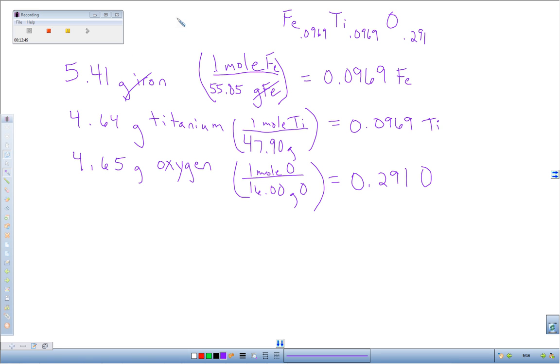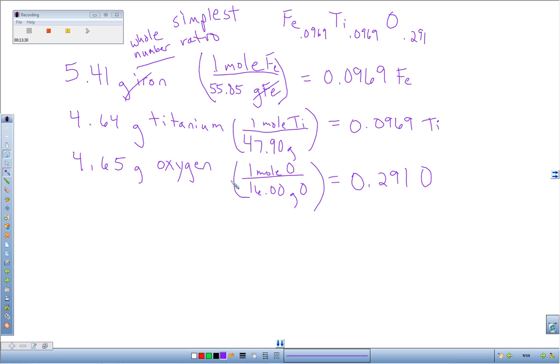We need to put this into the simplest ratio. This is not a simple ratio. But we can make it simple. We can make it nice whole numbers. Simplest whole number ratio.